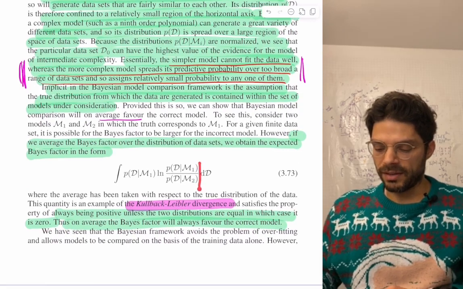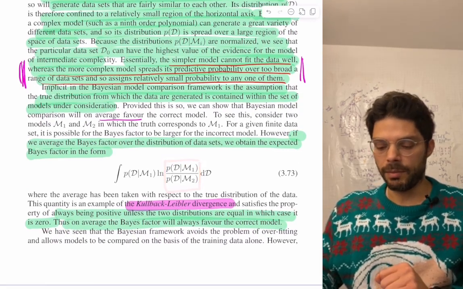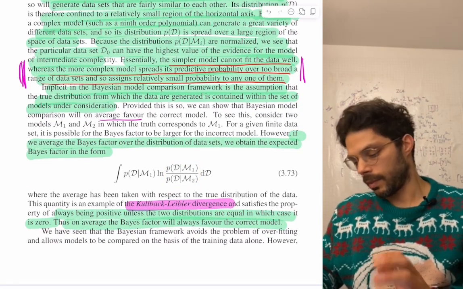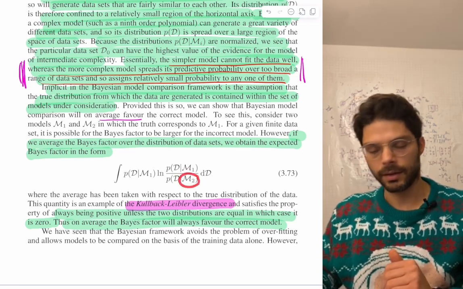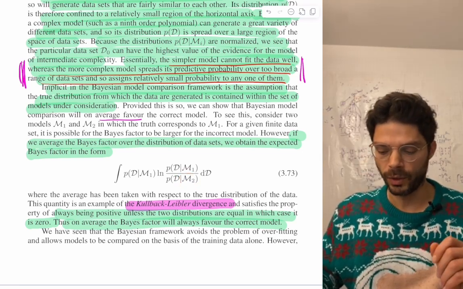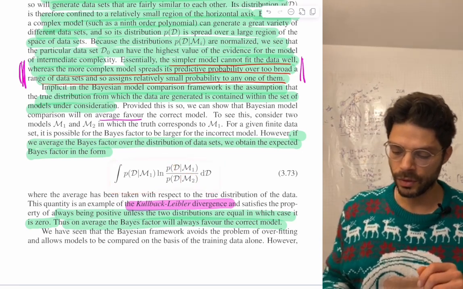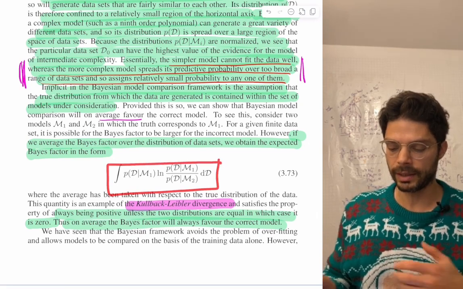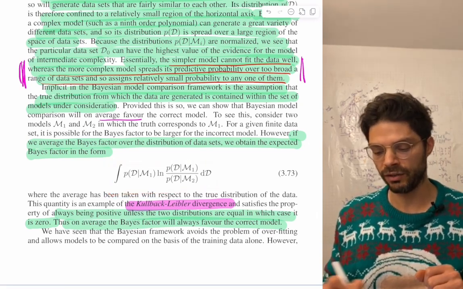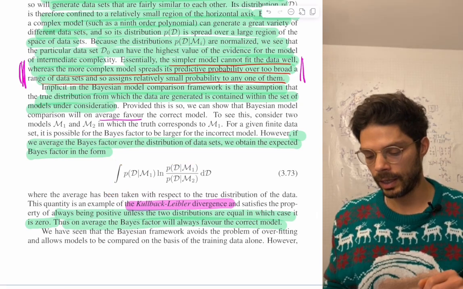And the point was that this can occasionally be less than 1, suggesting that the second model, the model that we know is false, can win for a particular data set. But if you average over all possible data sets, you'll notice what this is. This is actually the Kullback-Leibler divergence between these two, and we know that it's always going to be greater than or equal to 0.